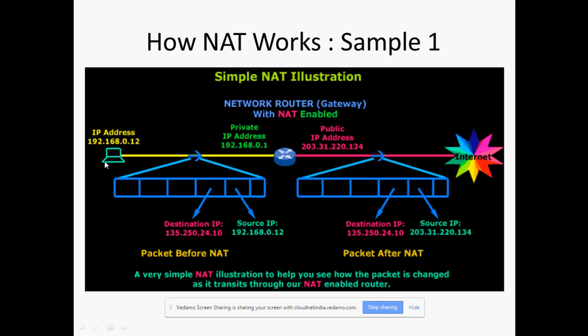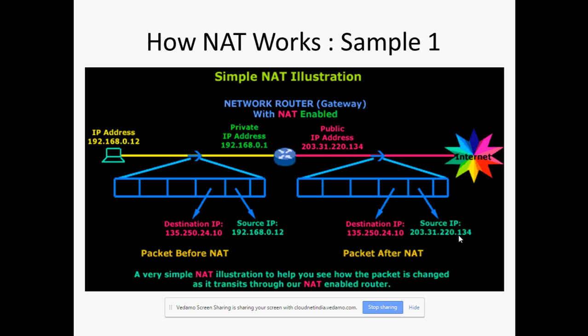Now when the packet is forwarded to the router, where NAT is enabled, what will they do? They will change my source IP address 192.168.0.12 to a public IP address. In this case, my public address is used instead of this private address, and it is 203.31.220.134.